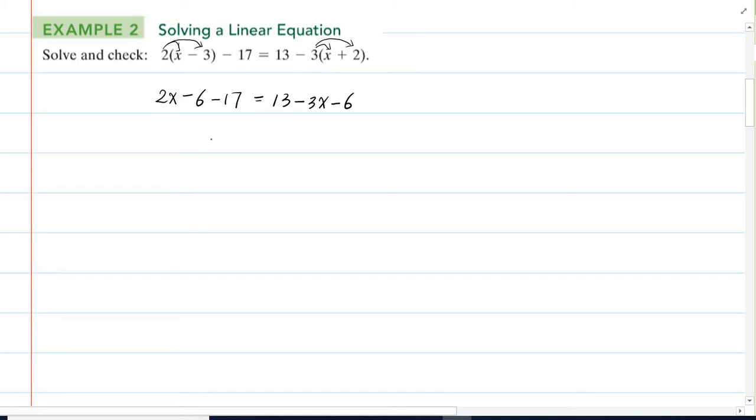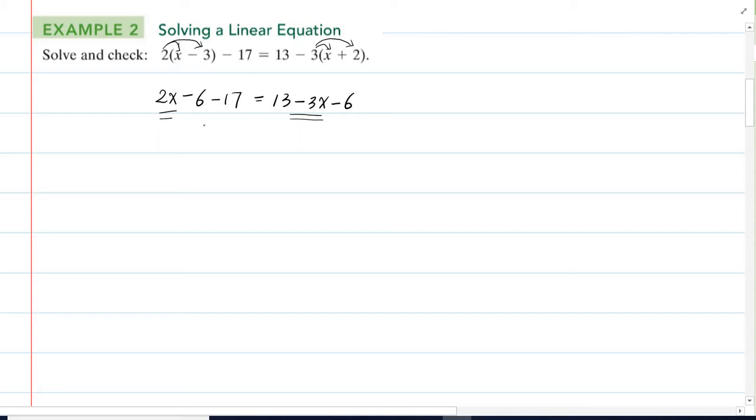Once we have this, remember what I said earlier, you can just switch them around. We move all the variables to the left side, this is a variable, this is a variable, and we move all the numbers to the other side. Again, you can add 6 to both sides, you can add 17 to both sides.